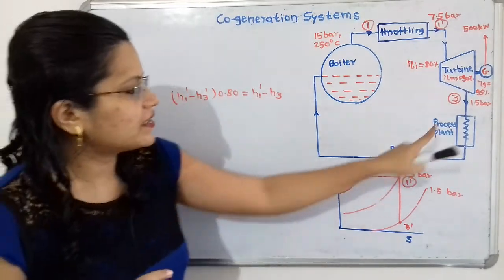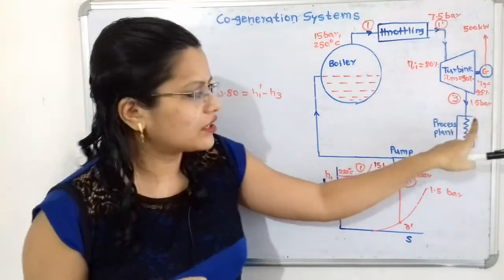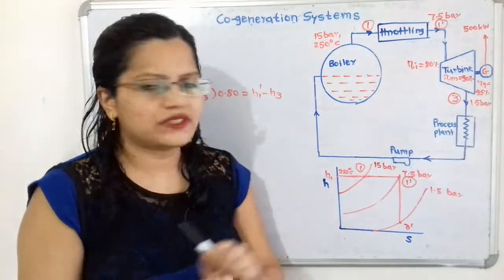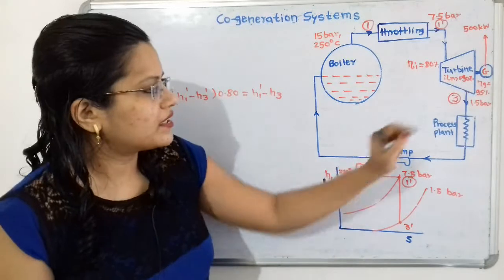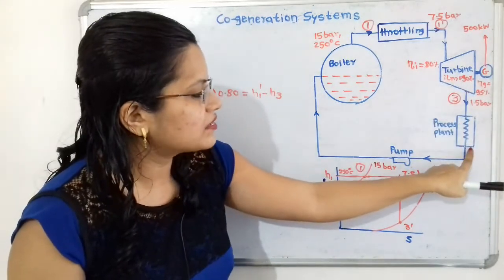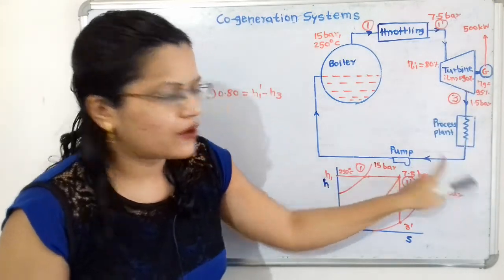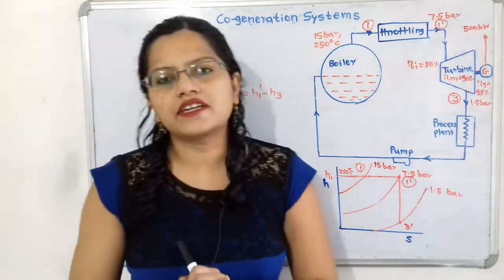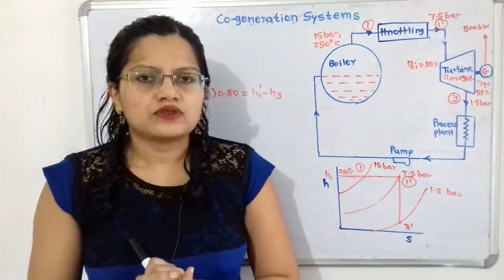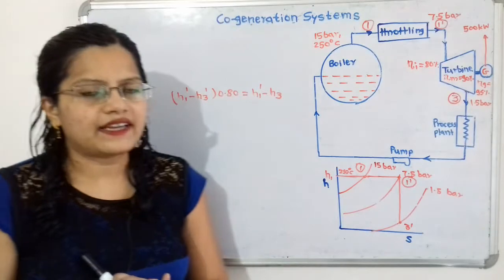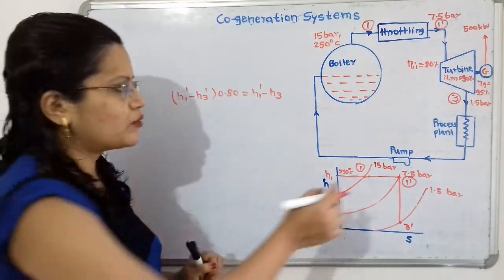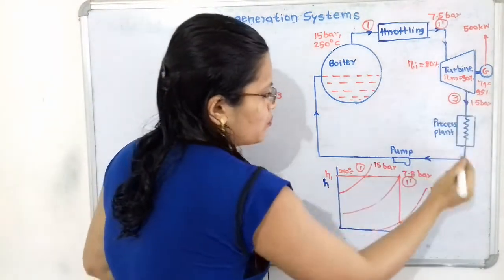Now again, here is the mixture of steam and water which is passed to the process plant. So here is the enthalpy H3. After the steam comes out from the process plant, it is converted into saturated water. So for saturated water, we can say that the enthalpy is HF3. The pressure will remain the same, that is 1.5 bar.